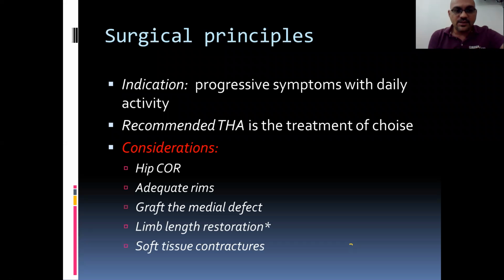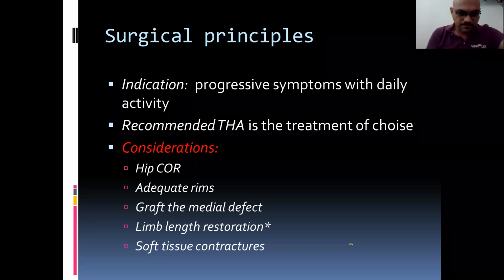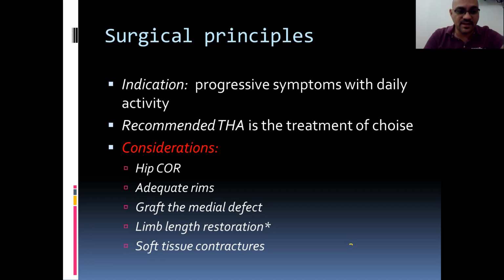Regarding total hip replacement, there are considerations you have to keep in mind before taking down the hip. First is the hip center of rotation, which must be restored to anatomic, more lateral and more inferior, as in the pelvis it is more medialized and superior.